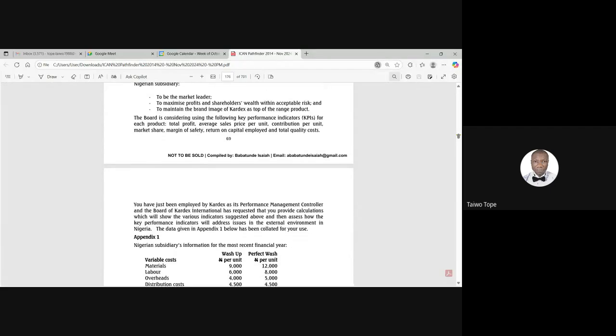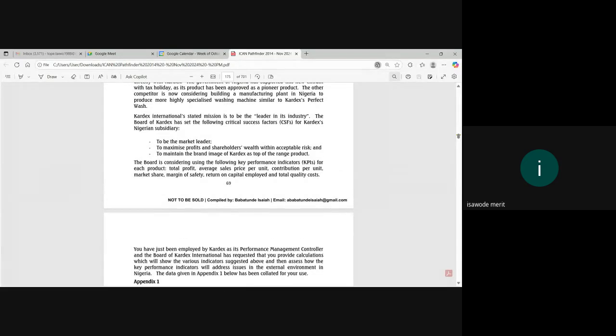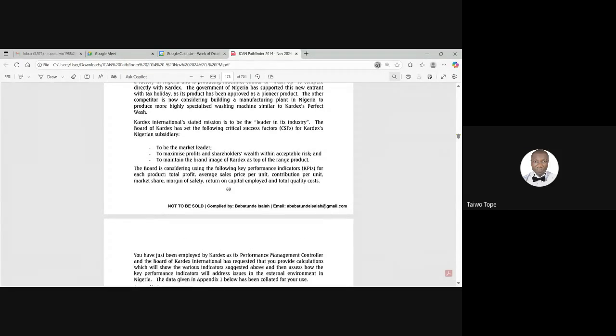They're there already. Yes, this is it. The board is considering using the following performance indicators for each product.